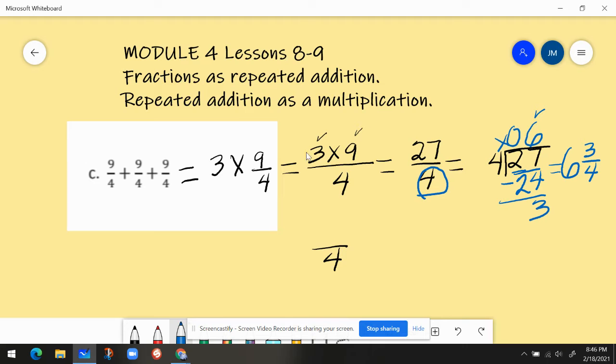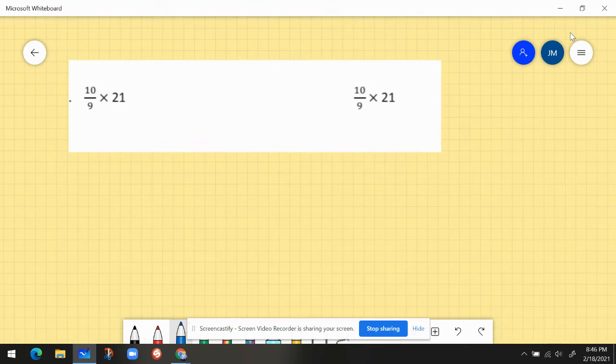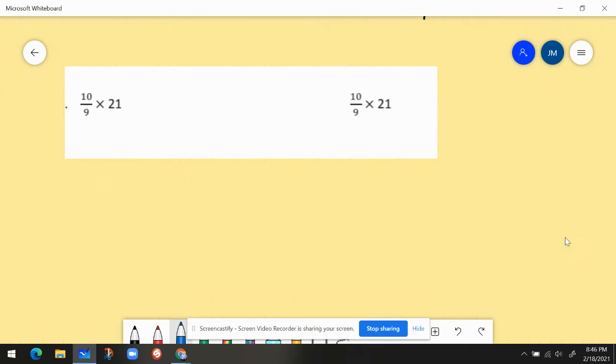All right, let's look at the next problem. We have 2 more. Same process, if you think about it. So again, we're going to rewrite this as multiplying the numerator 10 times that numerator 21, and that denominator is 9. Now, you always try to reduce it. So for example, 9 can be divided by 3.